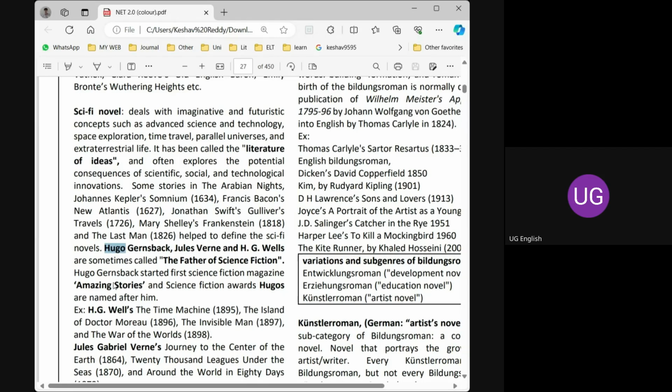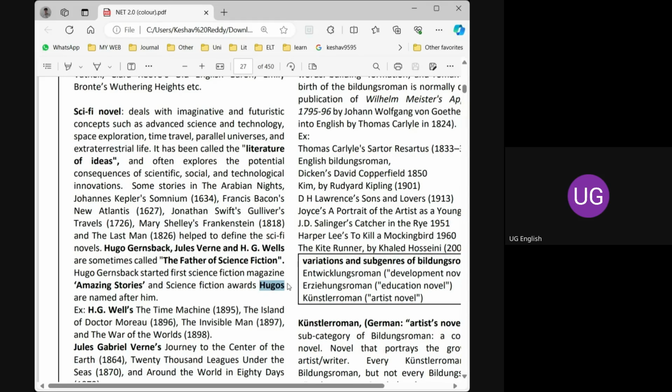These Hugo Awards are given to the best science fiction works. Simply, they are called the Hugos. Hugo Gernsback's award, that is the Hugo Award. Just remember these three names, very important.